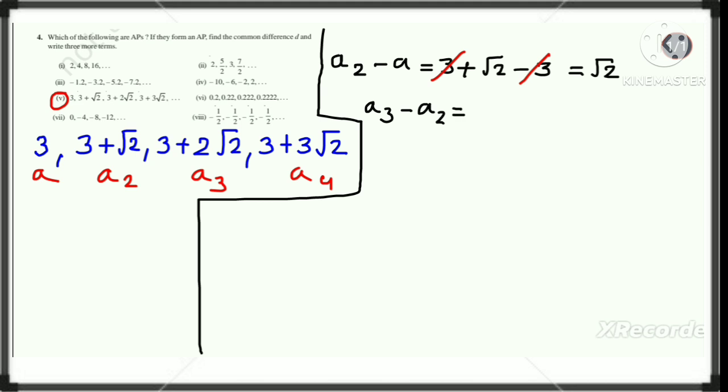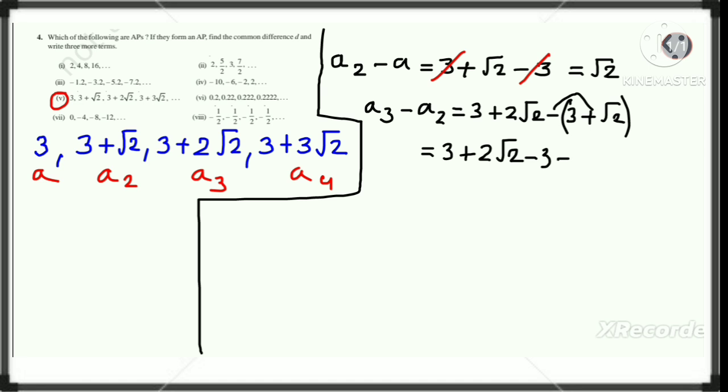a3 equal to, we have 3 plus 2 root over 2 minus, and a2 equal to, we have 3 plus root over 2. Now 3 plus 2 root over 2 minus 3, and this minus into plus minus root over 2.